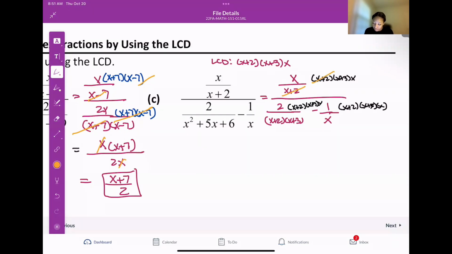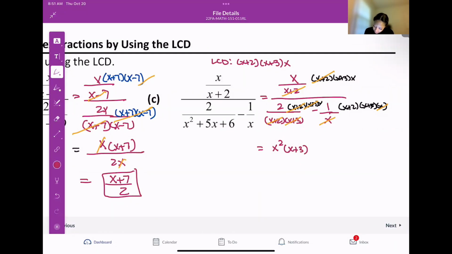In the denominator, for the first term, we have an x plus 2 that cancels with this one, and an x plus 3 that cancels with this one. And then the x here cancels with this x. So what are we left with? At the top, we're left with x times x plus 3 times another x. So x squared times x plus 3.